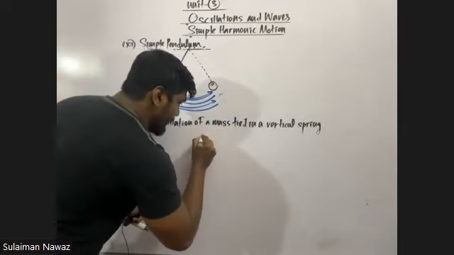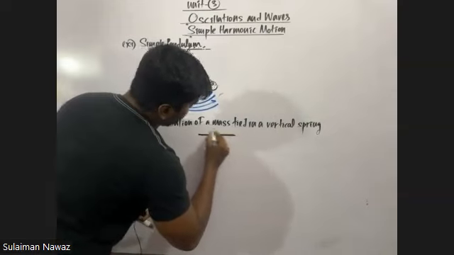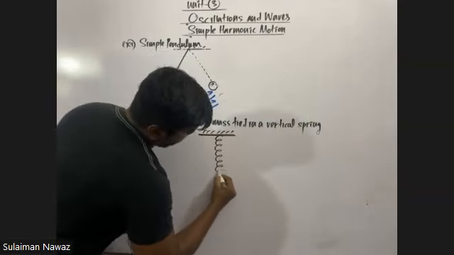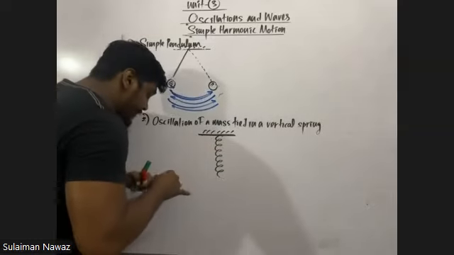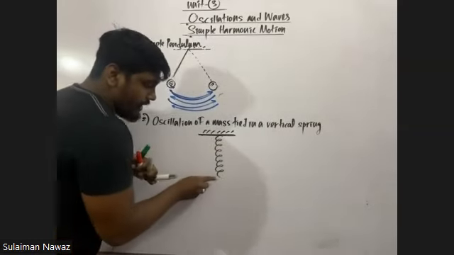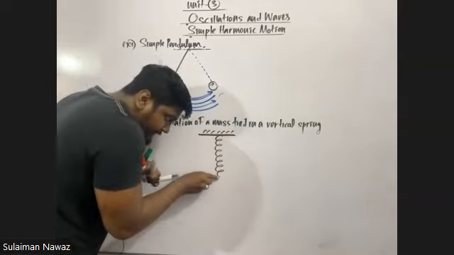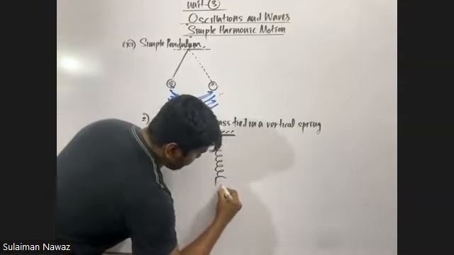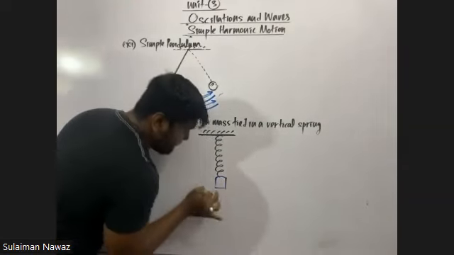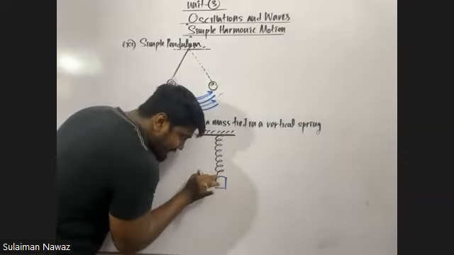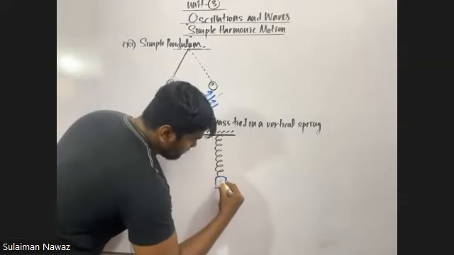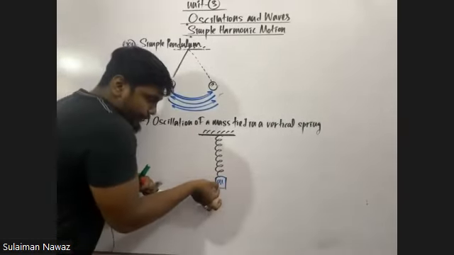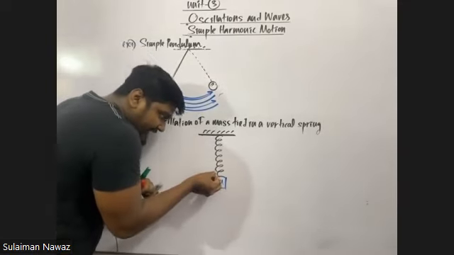Let's say there is a vertical spring. Then you tie a mass exactly at one end of the spring.